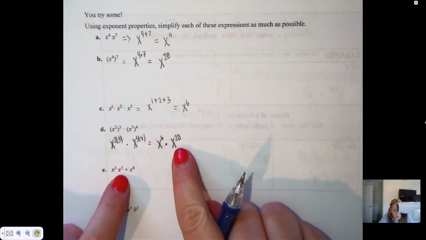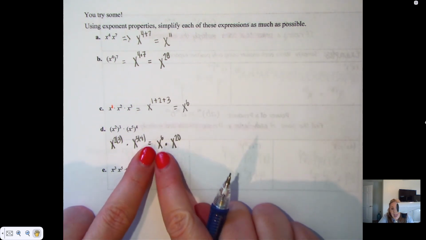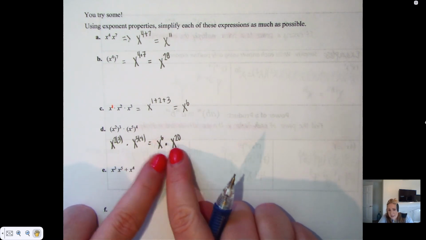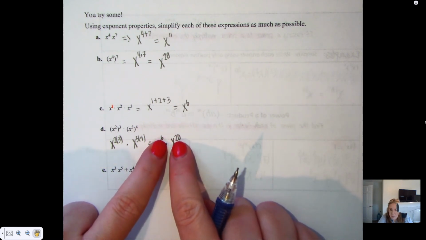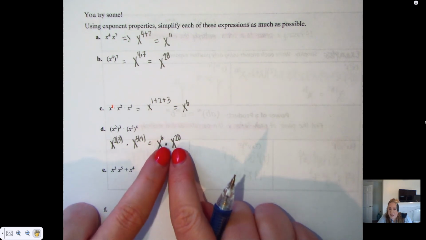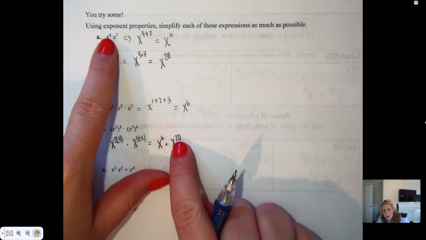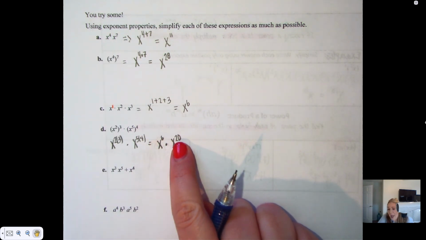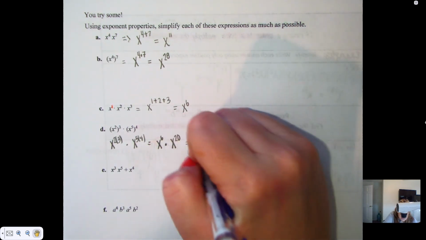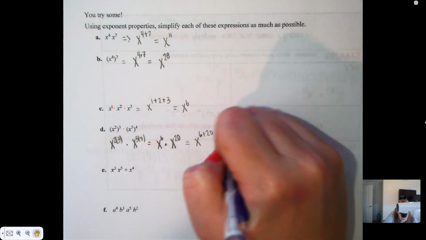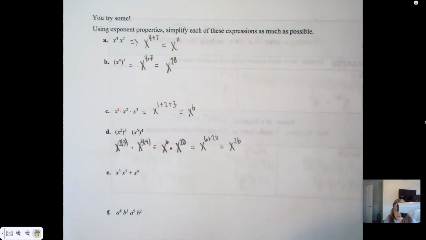Oh my gosh, but what's happening here? I have x times x, so I have the same base, and I have exponents, so just like letter A and letter C, I can add these together. So this is the same thing as saying x to the 6 plus 20, which is x to the 26.